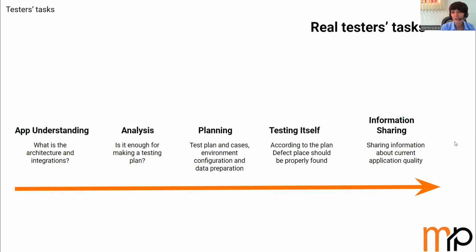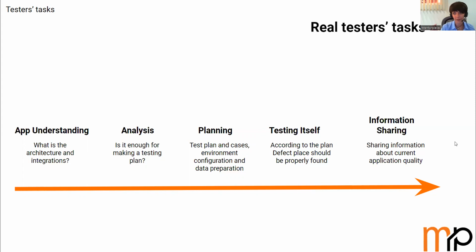Okay, we typically start from application understanding. Even if we don't have the application itself right now, only the documentation about the application, only some conversation with the business, with analytics, with your lead, with developers.